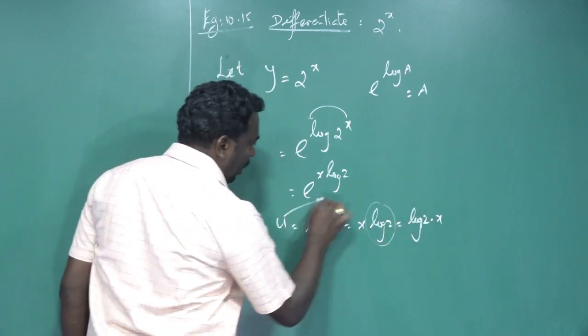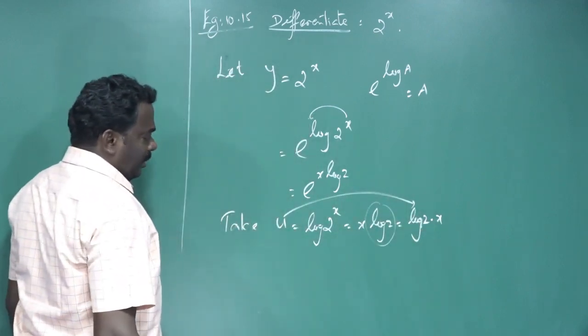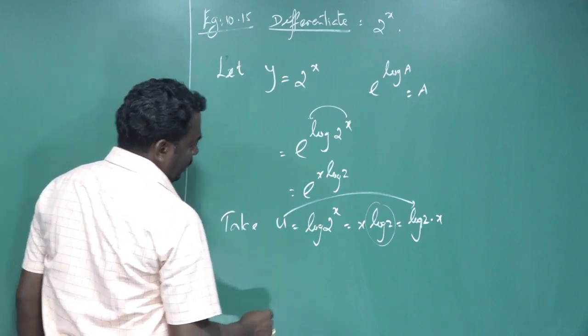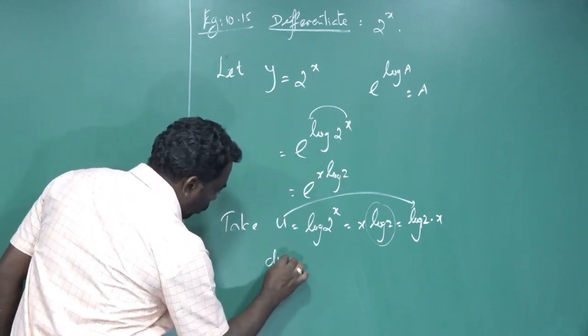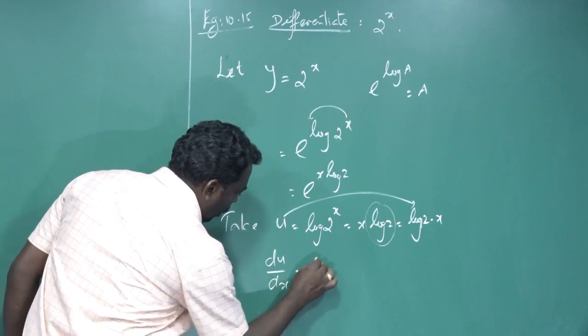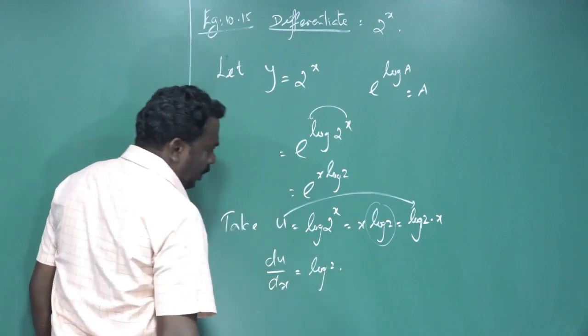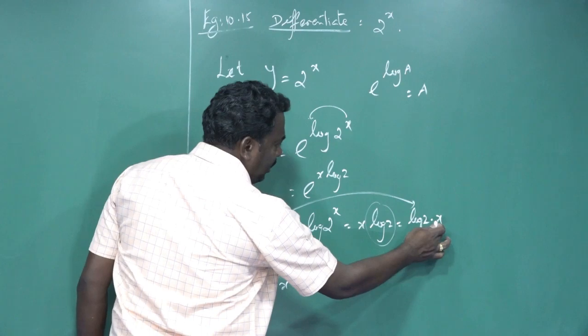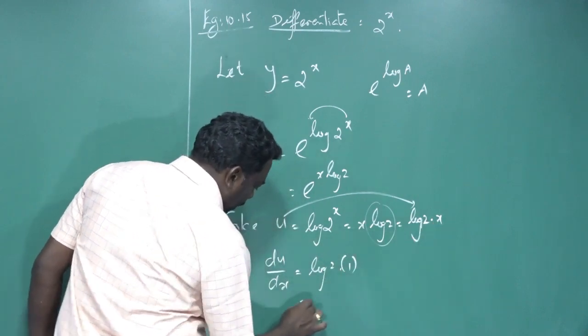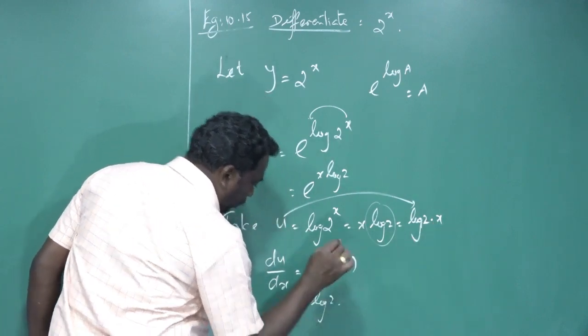Now with the u function, log 2 into x, differentiate with respect to x. Then du/dx is equal to log 2 as the coefficient term, and the differentiation of x with respect to x is 1, so it is equal to log 2.